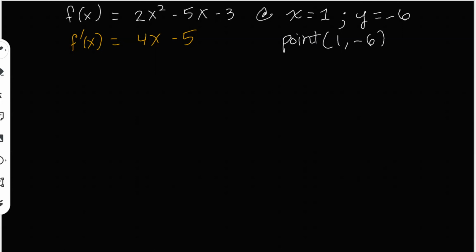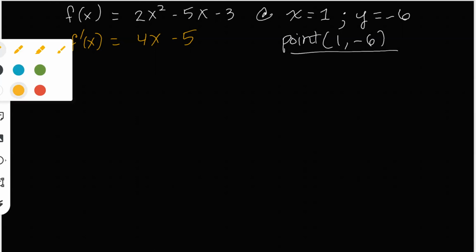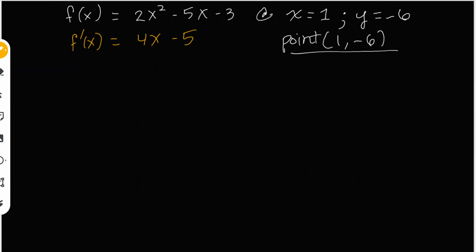And we're focusing on the tangent line at that point, where f prime of x is the derivative, and the derivative is the slope of the tangent line. And the slope of the tangent line at x equal to 1 is f prime of 1, which is 4 times 1 minus 5. So our slope here is negative 1.